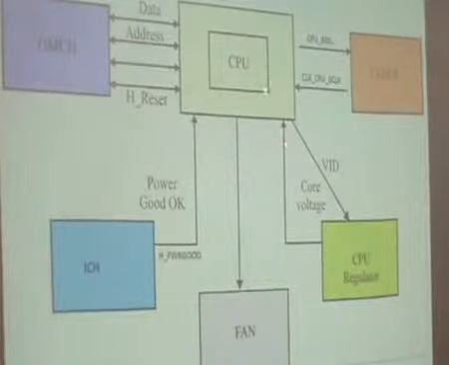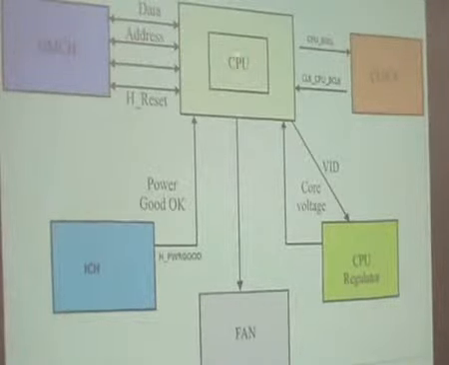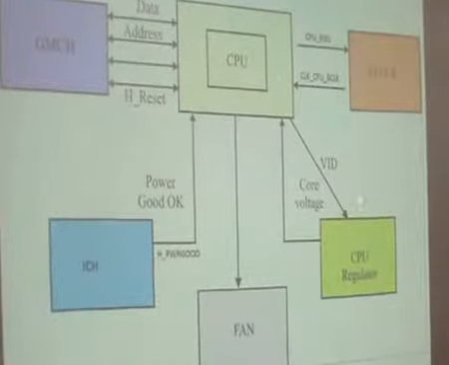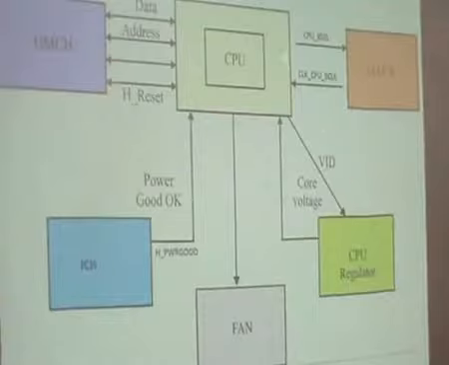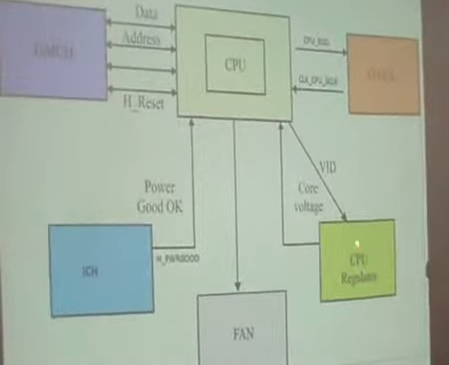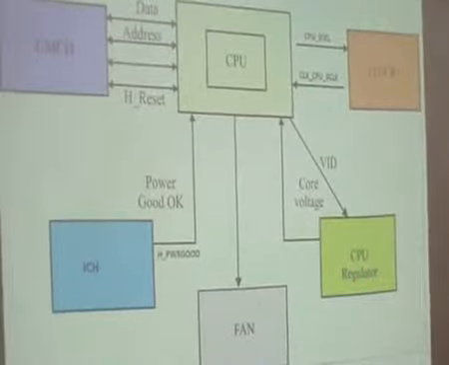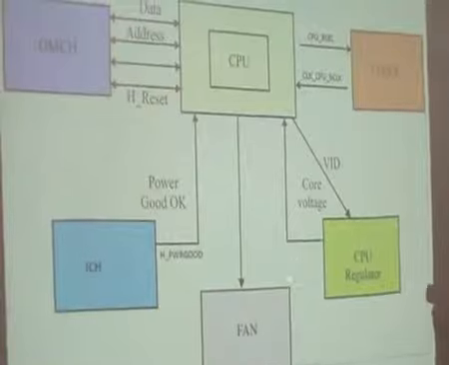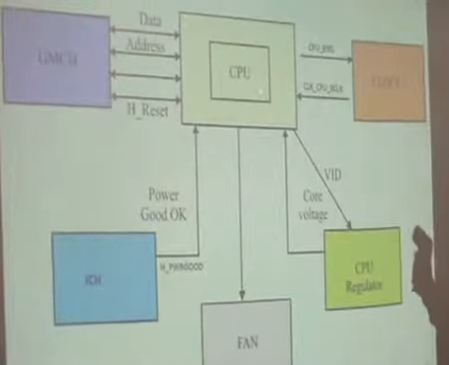If the core voltage is different from the appropriate voltage required, the processor will issue the required signal through VID pins. This VID pins signal will go to the CPU regulator as we have seen. Then this CPU regulator will auto adjust its core voltage output.